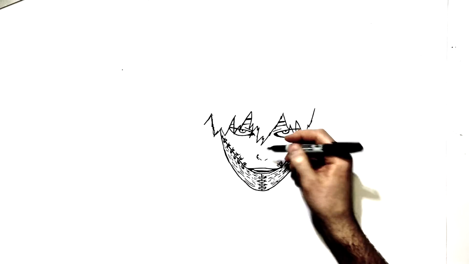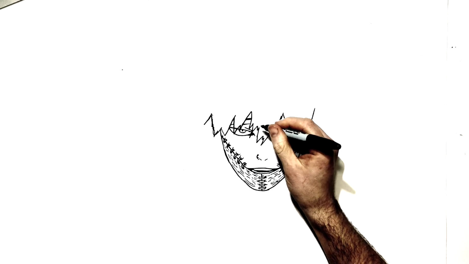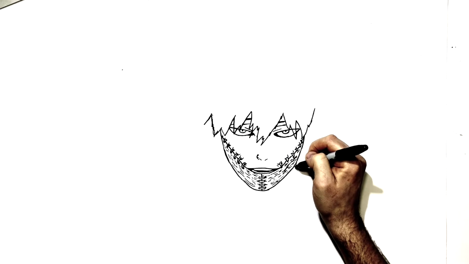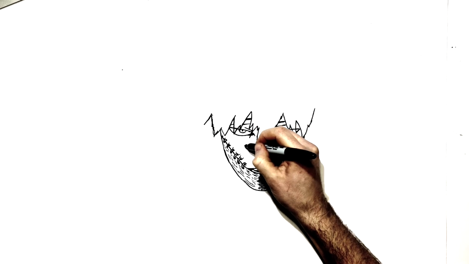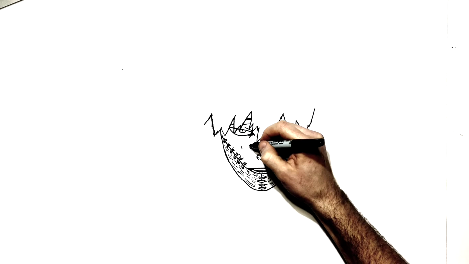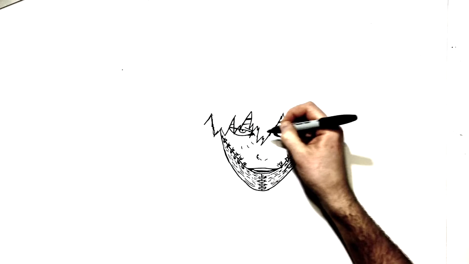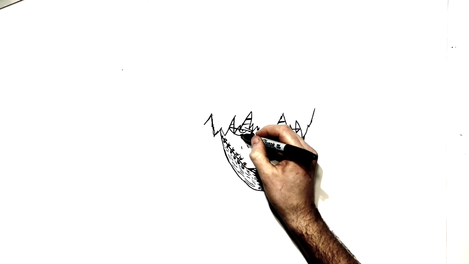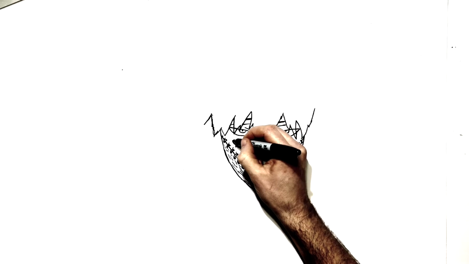Right, so then what we're going to do is add the ones that are around his eyes. Same thing, I'm just going to do the stitches first and then I'll do the wrinkly skin parts. So we start by adding these dashes that go around it for the stitches. Maybe one more. You can add as many of these as you want. You can have some artistic license, as they say.